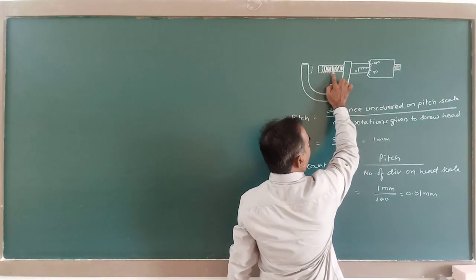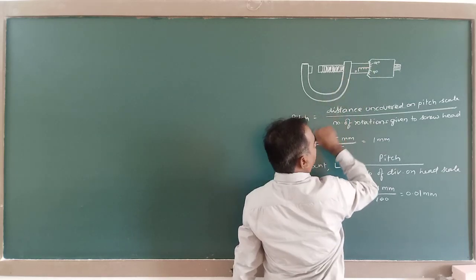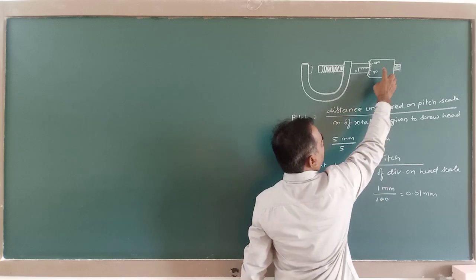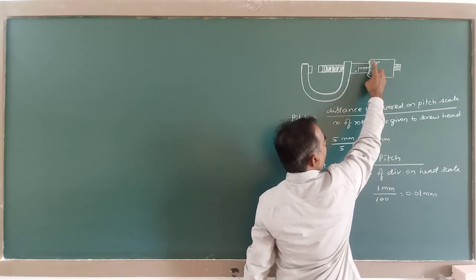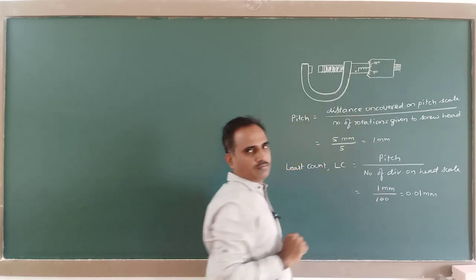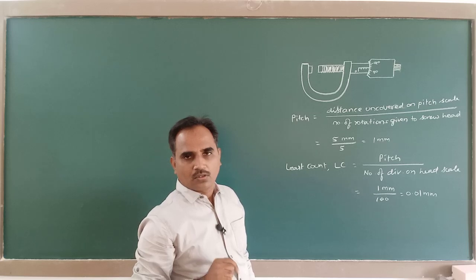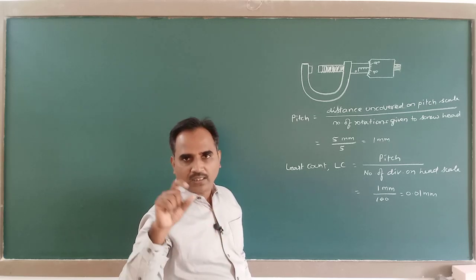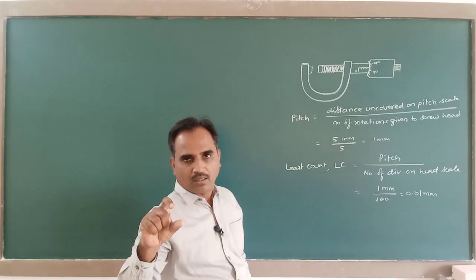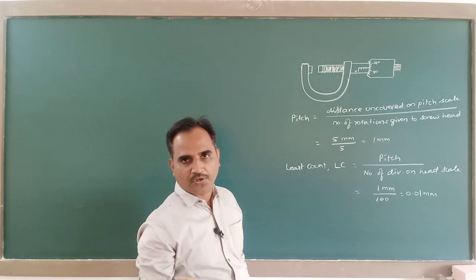So this is the screw, this is the pitch scale, this horizontal line is called the pitch line, and this is the head scale, and this head scale has many graduations. On the pitch scale and on the head scale, different screw gauges have different numbers of graduations.